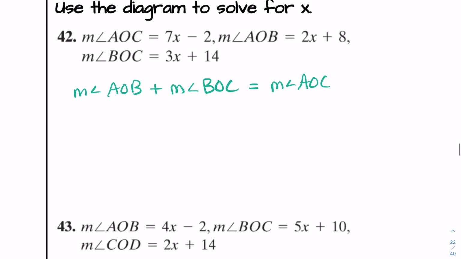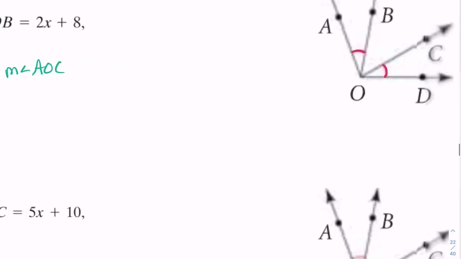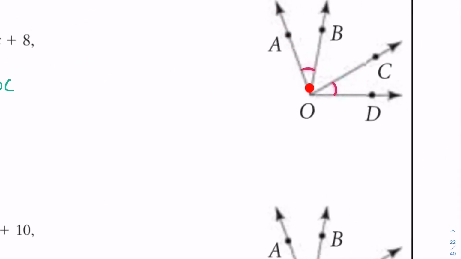So what I'm saying here is the measure of angle AOB plus the measure of angle BOC is the measure of angle AOC, which is the whole thing. So part plus part equals whole.